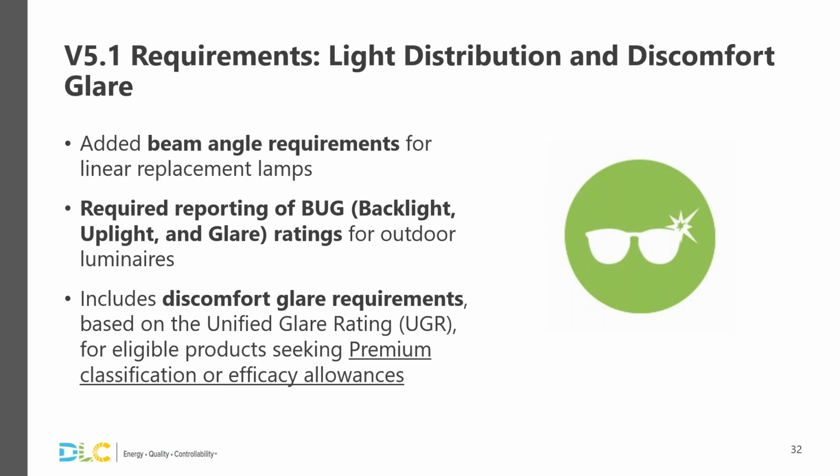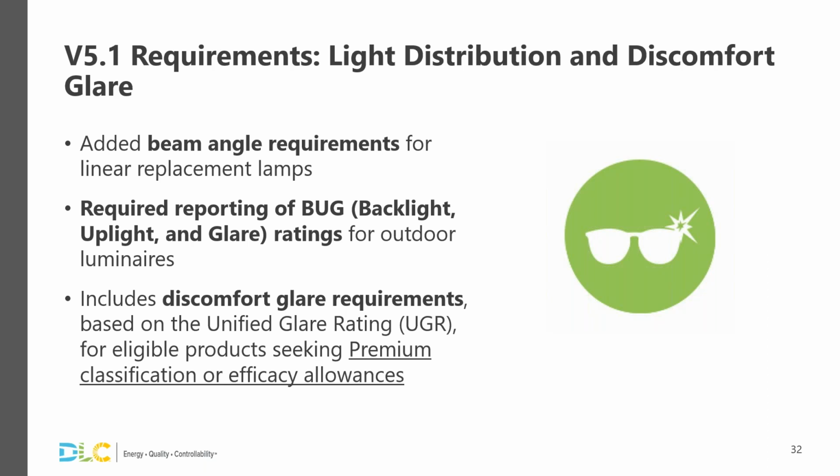And the discomfort glare requirements will be discussed as part of the DLC premium requirements in the later part of this webinar. In addition, a low discomfort glare performance pathway for pursuing efficacy allowances was added.